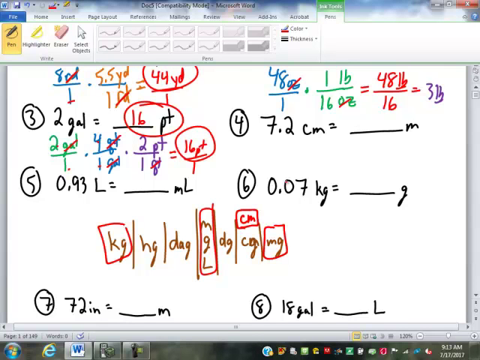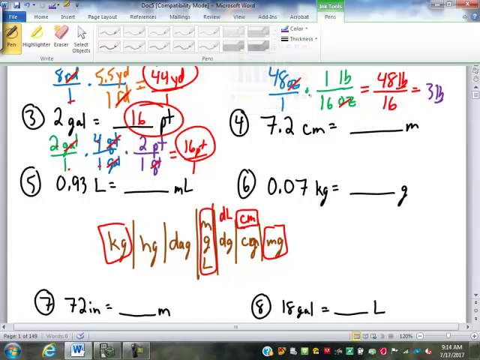But in most European countries, millimeter is actually more common than centimeter. Deciliters get used in medical terms. If you do a blood test, like let's say you go and have your cholesterol checked and it comes back as a 180, that's 180 milligrams of cholesterol per deciliter of blood.